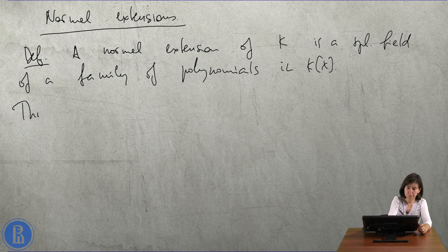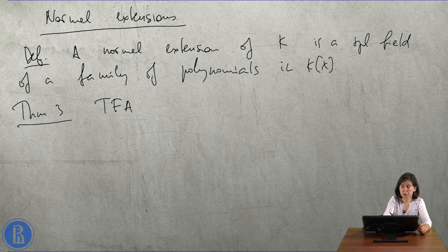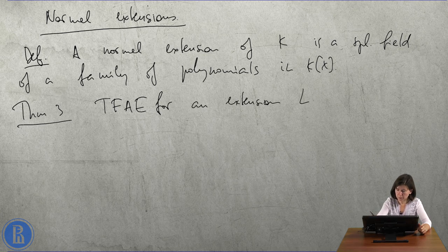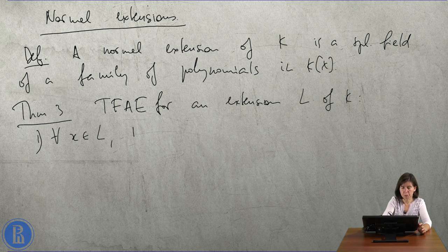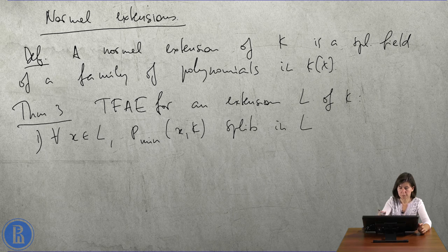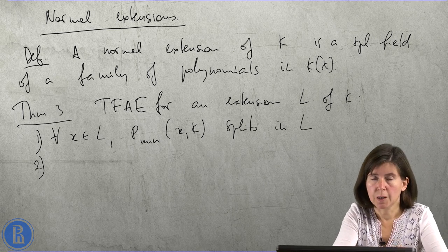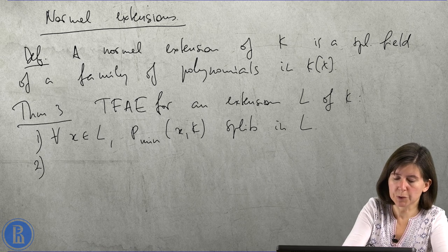So theorem 3: the following conditions are equivalent for an extension L of K. First, for any x in L, the minimal polynomial splits in L. Second, L is normal, a splitting field of a family of polynomials.